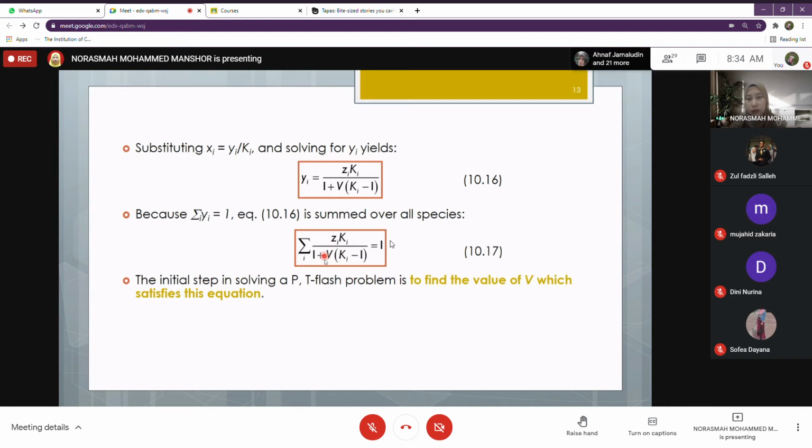So you must solve for V to solve the flash calculation. The Ki can be from equation 10.10, or you can find Ki from figure 10.13 or 10.14.